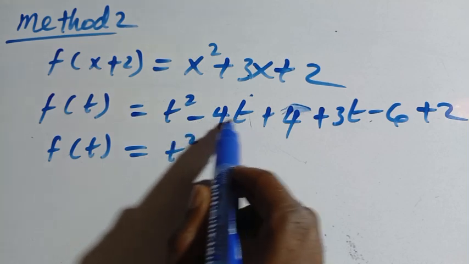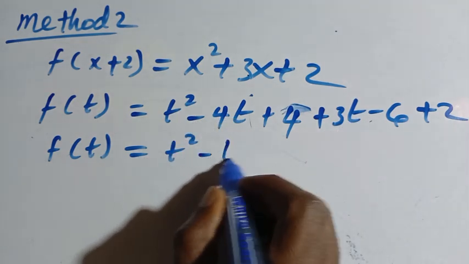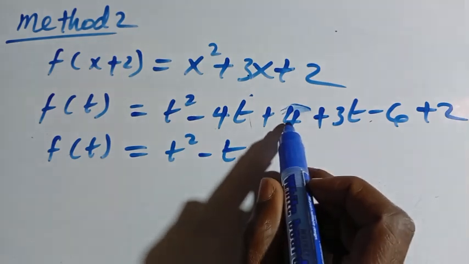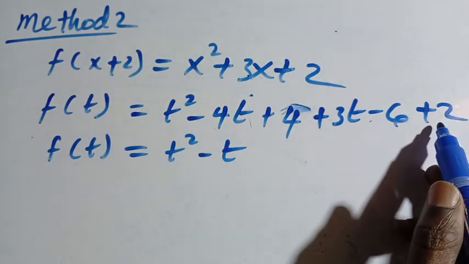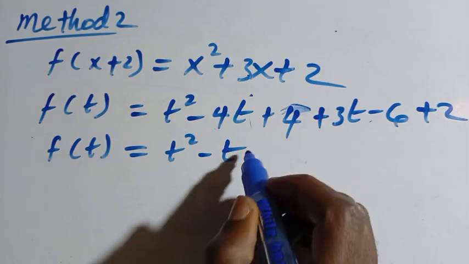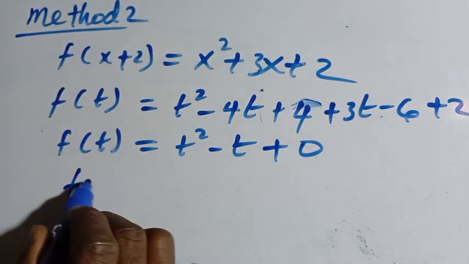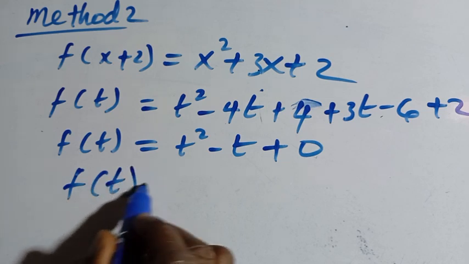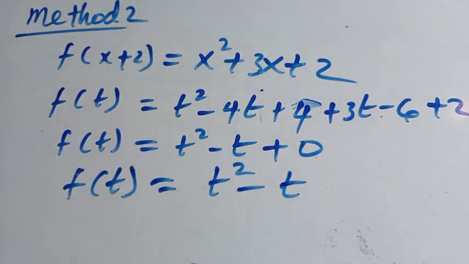We have minus 4t and here is plus 3t, so that gives us minus t, and we have 4 plus 2 here, which gives us 6. Then 6 minus 6 becomes plus 0. Then we have f of t equals t squared minus t.